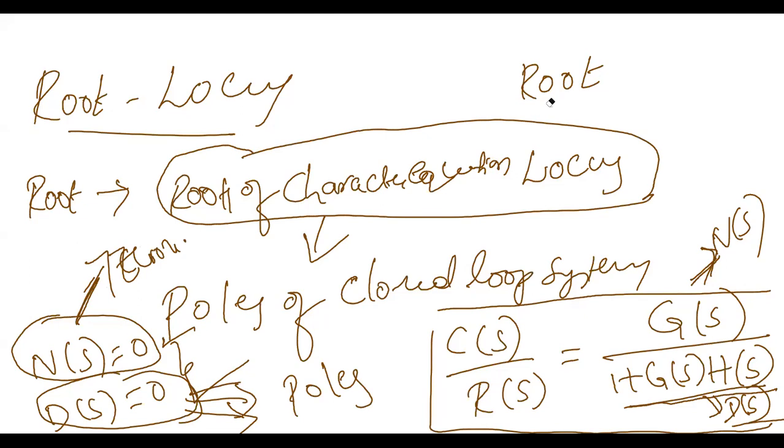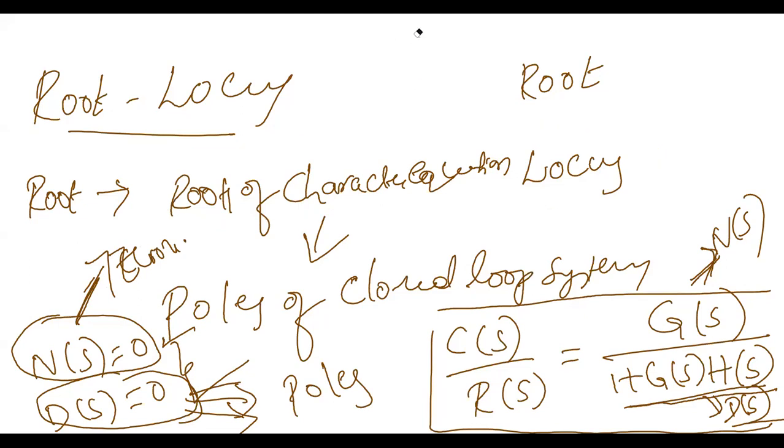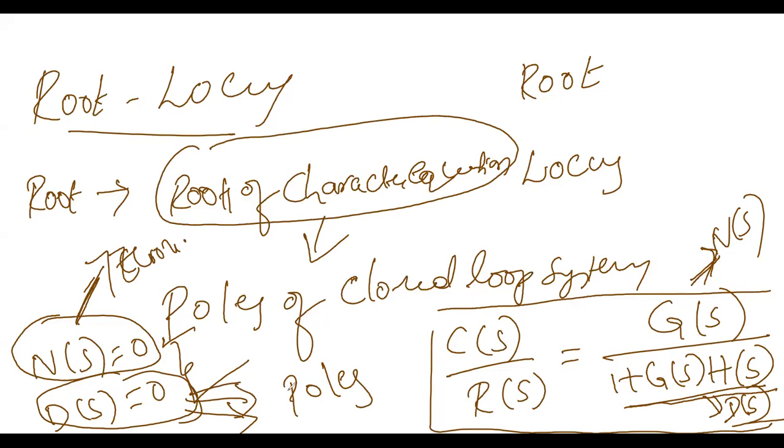The roots of the characteristic equation are nothing but poles of the closed loop transfer function. Am I correct or not?